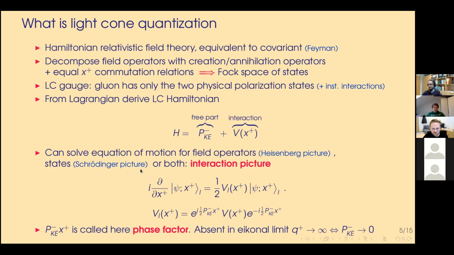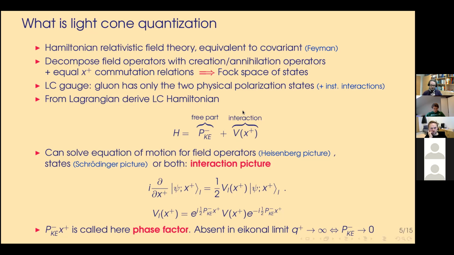As you learn in quantum mechanics, there's different ways to do it. You can use the Heisenberg picture, where states do not depend on time, but operators depend on time. You can use the Schrödinger picture, where operators do not depend on time, but states depend on time. Or you can use something that is between, and that's what we're going to do here. We're going to use the interaction picture, where both states and operators depend on time, but in a different way.